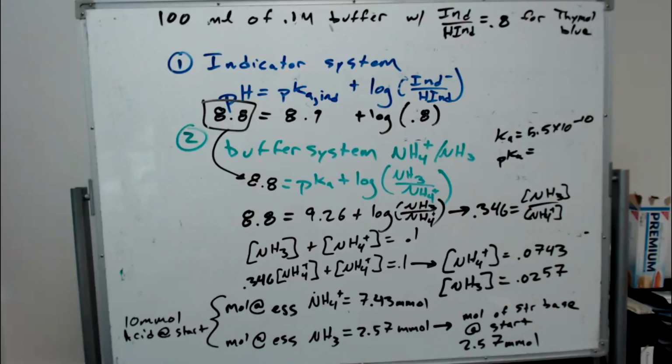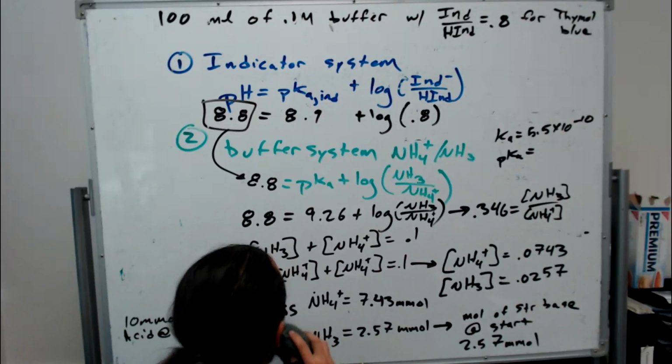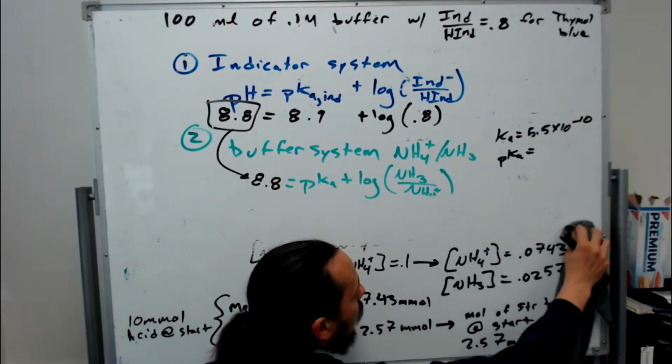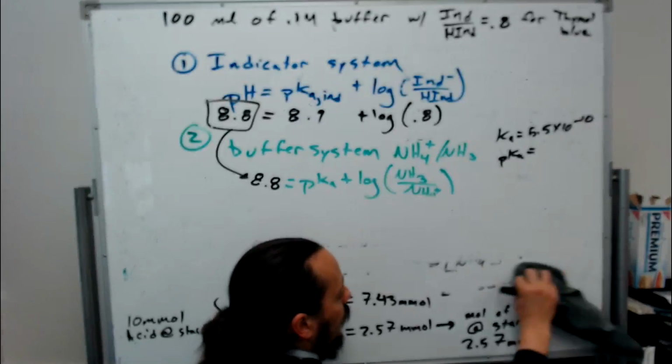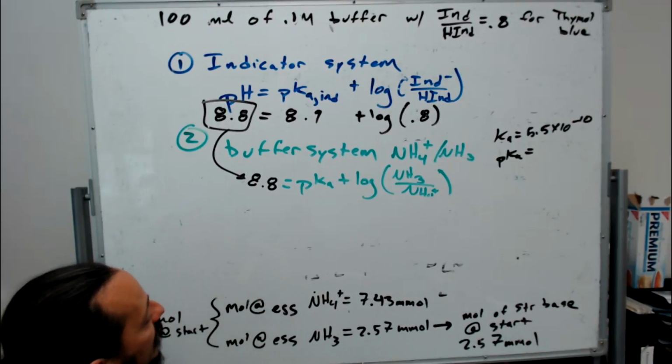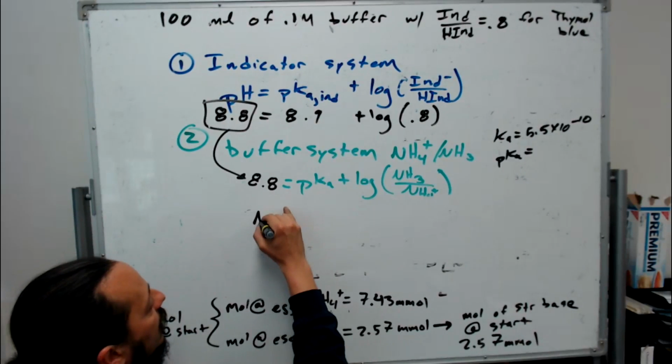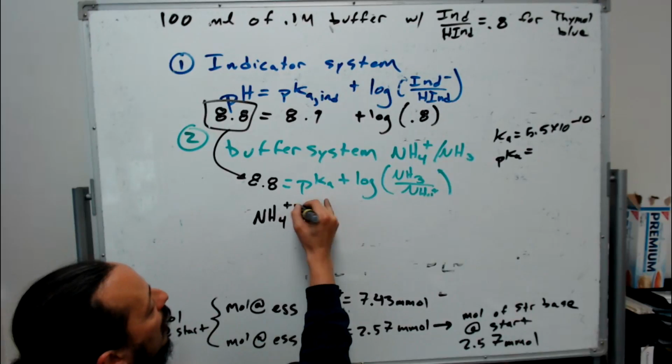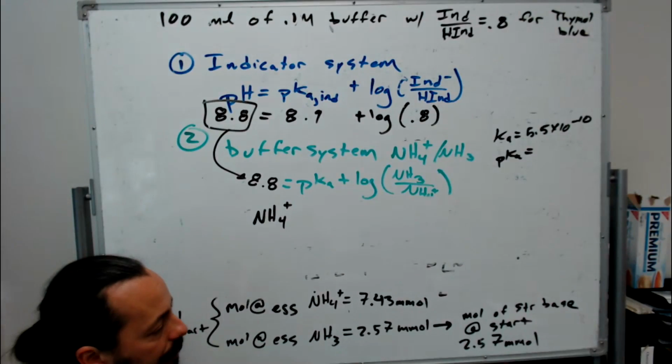I'll go ahead and make that stoichiometry table real quick to show it, just to make sure there's no confusion. So the stoichiometry that's happening to make this buffer is essentially NH4+. There's a Cl there for getting our correct molecular weight.